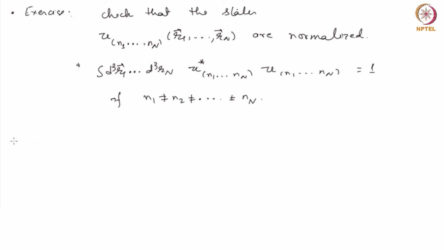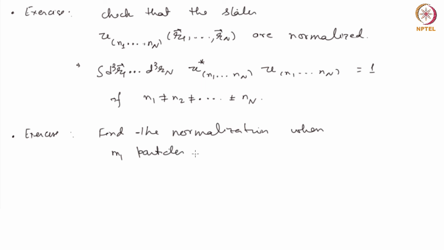And the second thing that you should find out is the following: find the normalization when you have m1 particles in the first excited state.